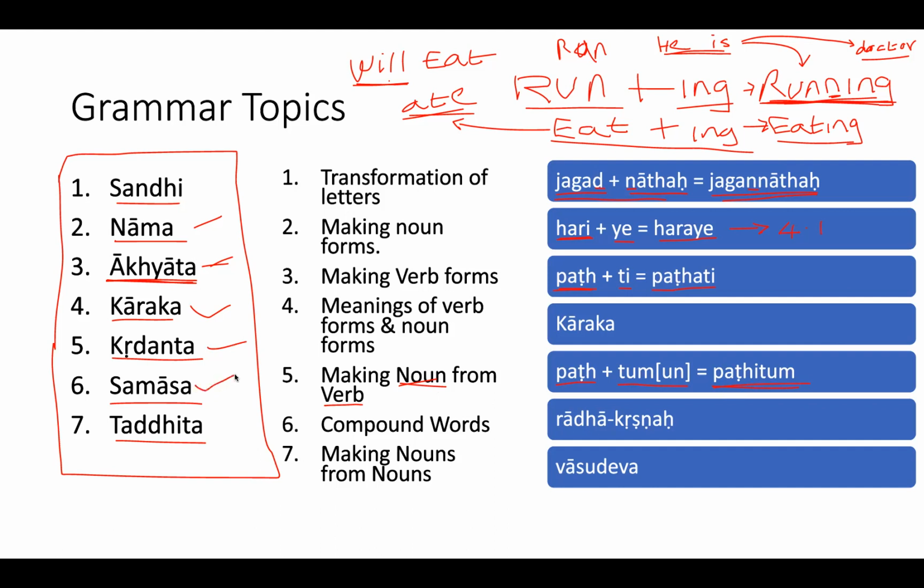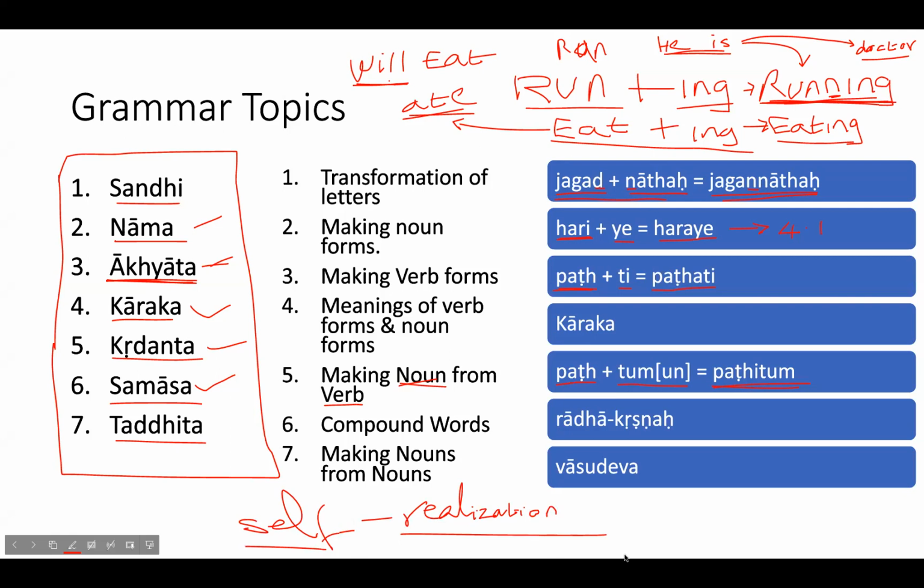Then you have samasa, compound words. For example, in English, you have the word self, then you put a hyphen, realization. So what does it mean? Realization of the self.